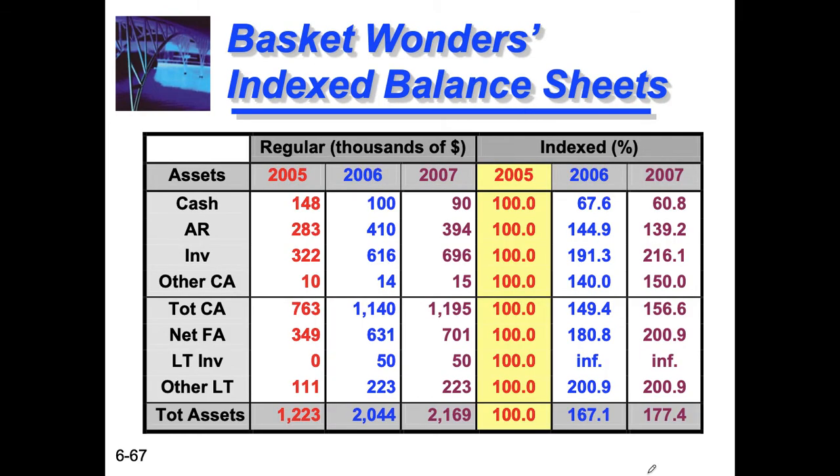This is the example. So here 2005 is the base year. So the index rate is 148 per 148 multiplied by 100%. The result is 100%.